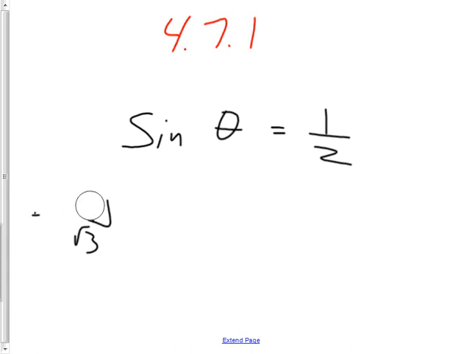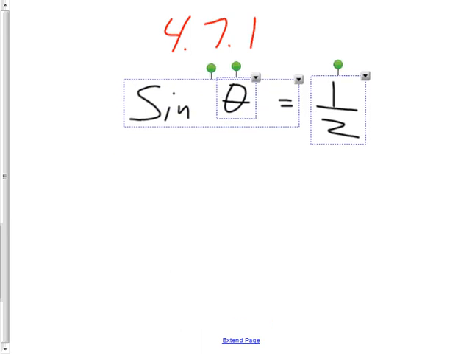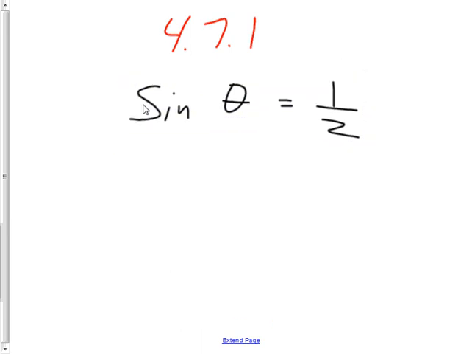Think of this as an equation. In an equation you want to get the variable alone. So is the sine the thing we want to get rid of so that the theta will be alone? Yeah, we want to get rid of sine somehow. Guess what gets rid of sine?